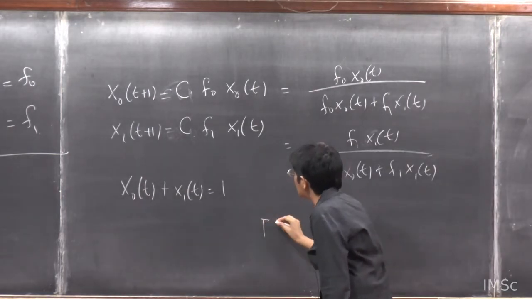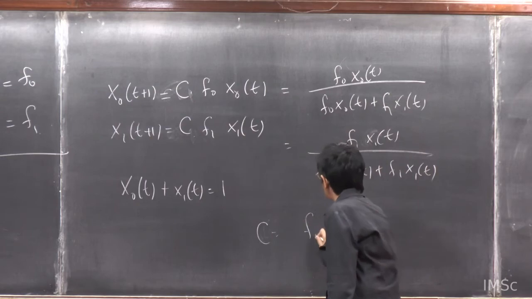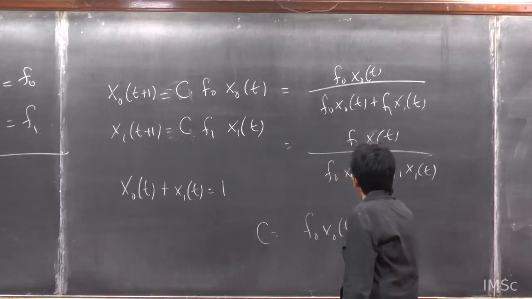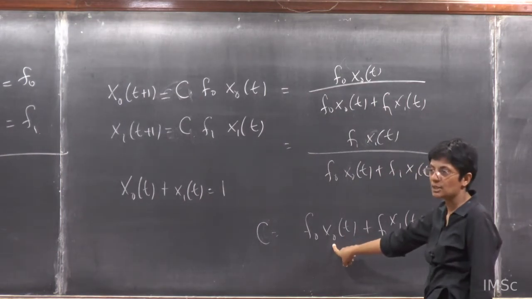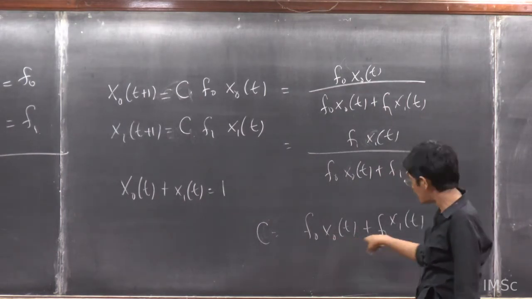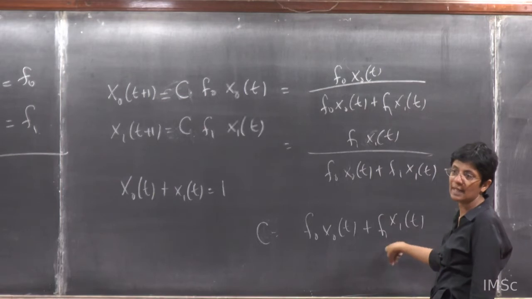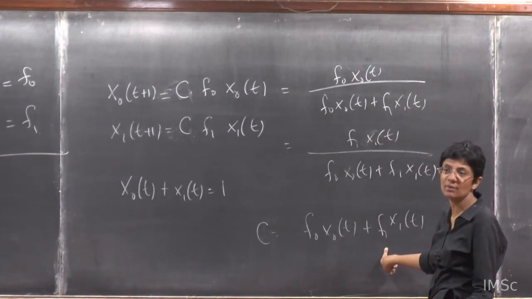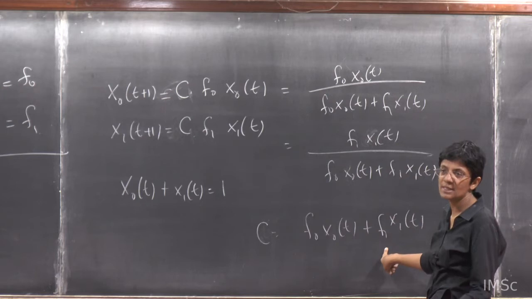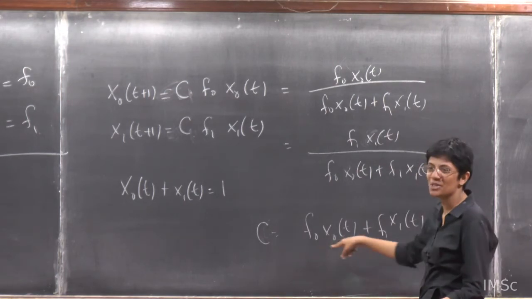I'm going to call it C. It's fine. What is the meaning of this? It's saying the fraction x naught times its fitness plus fraction x1 times its fitness. It has a meaning therefore. What does this object remind you of? Basic 7th standard math. What is it a definition of? What is this object?